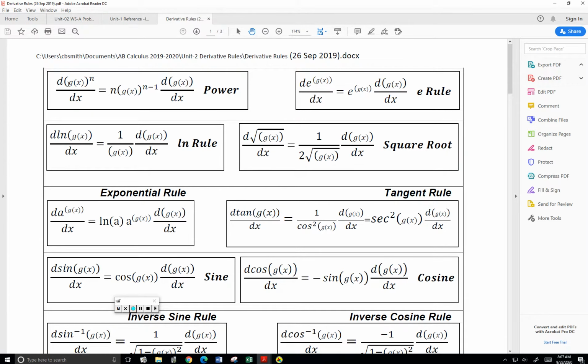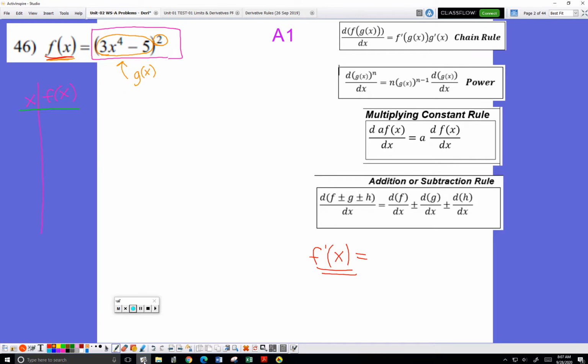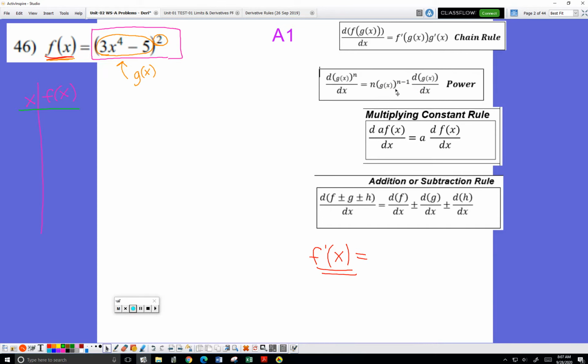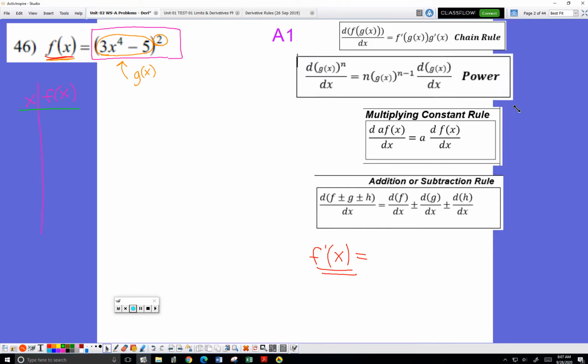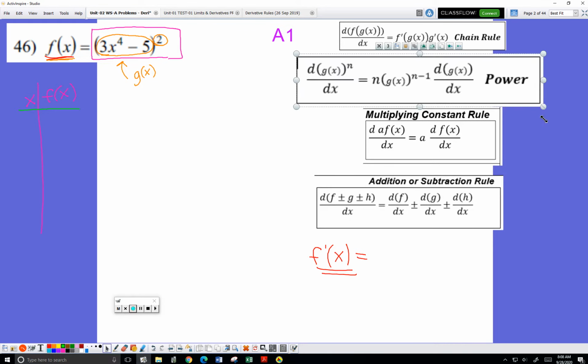So now, using proper notation, we apply the rule. I put the rule here just to help us so we don't have to flip back and forth so much. So this symbol right here, d over dx of something, this is the derivative operator.